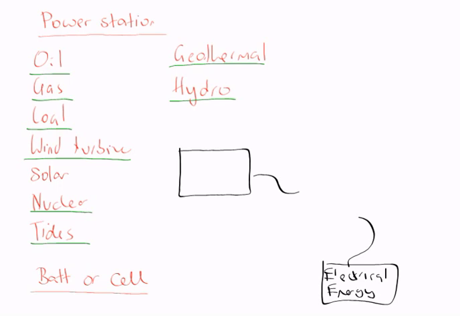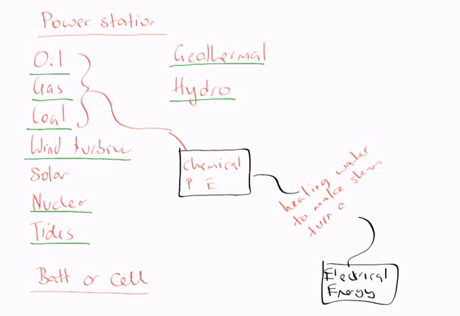These ones all essentially are chemical potential energies, and through burning, or let's say heating water to make steam, turn a turbine, which you could say is some sort of kinetic energy, can then be formed into electrical energy.